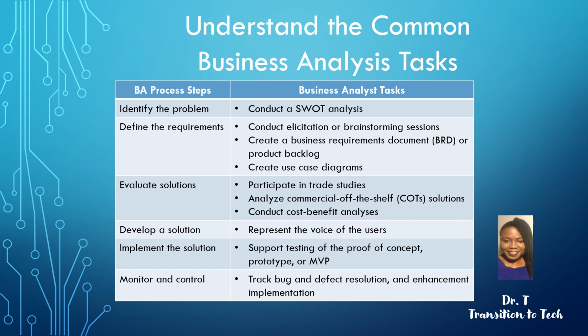And then what threats are out there? Is there some legislation that's going to be released, or is the organization aware of any cyber risk? SWOT analysis takes a deep dive into the business environment that is impacting the organization. And this helps the BA identify the problem or the opportunity.